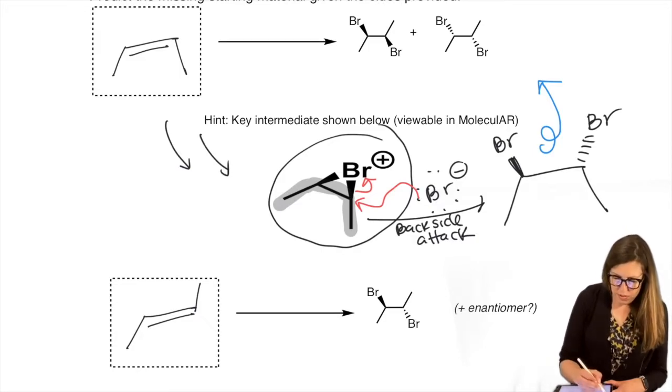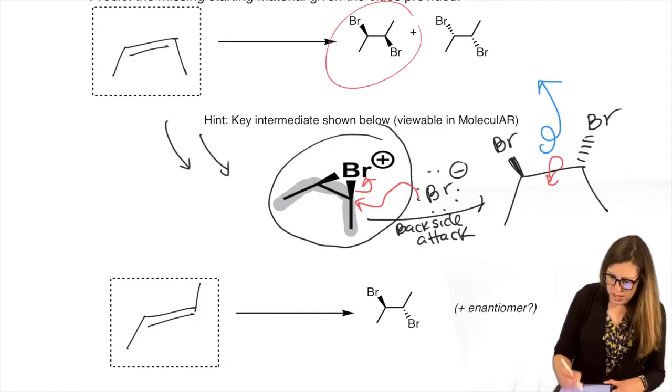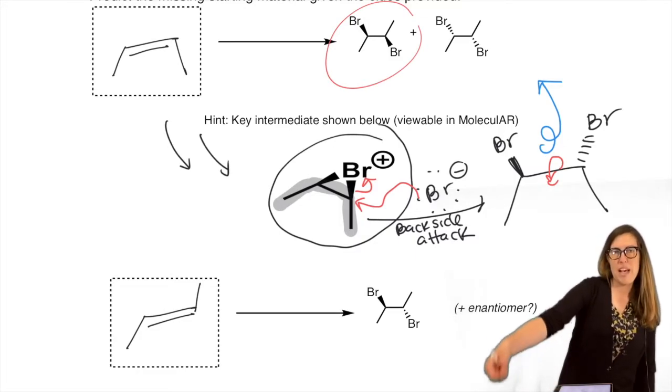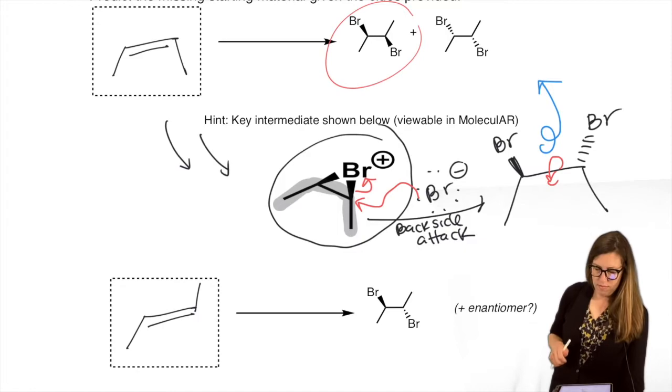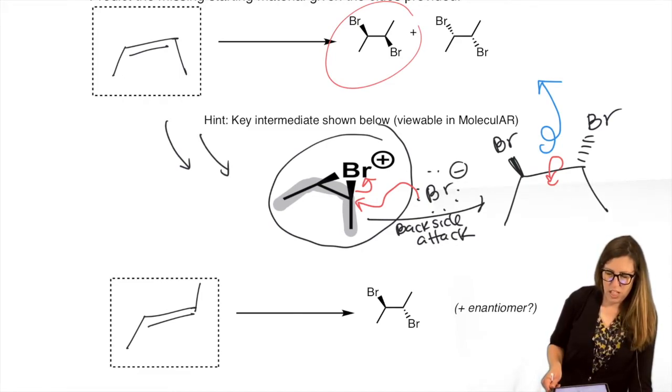So if I keep this one fixed and I just rotate around this bond, I get that one. Pull that bromine out of the back toward me. You want to be able to visualize these things.